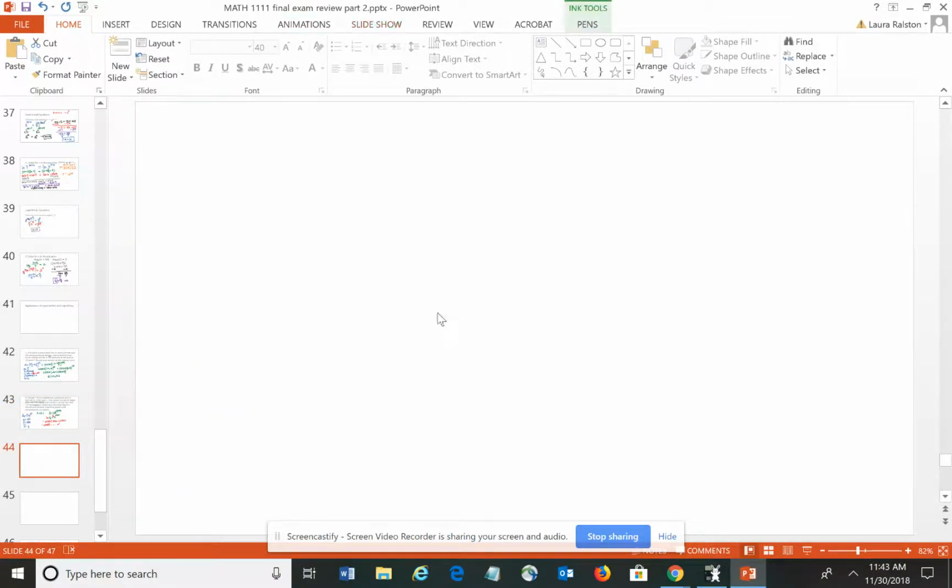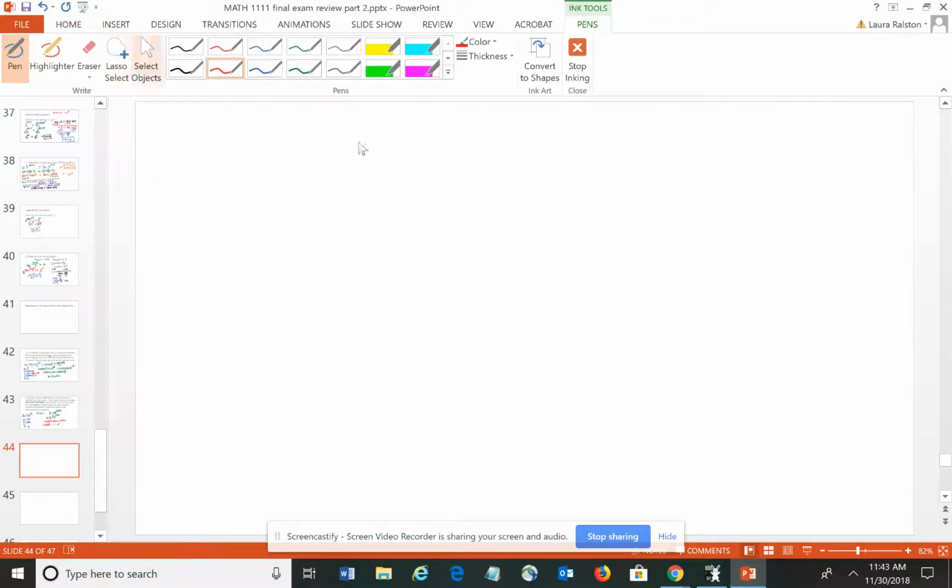We know we're going to end with 155. We started with 240 E, and we have that negative 0.00012 times T. We're trying to figure out how long it's going to take.